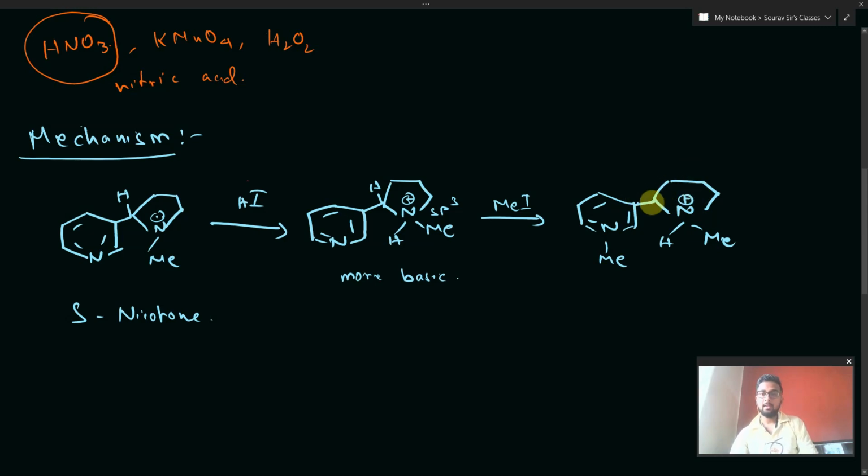Now the H is again present, and this one would be positive charge, and in the overall structure we have I minus already present. So in this case also I minus will be present in the system.